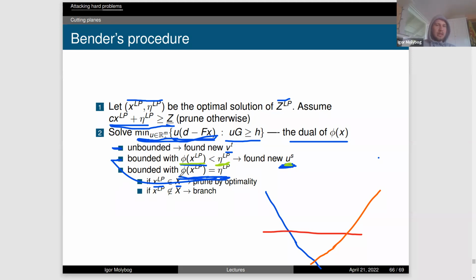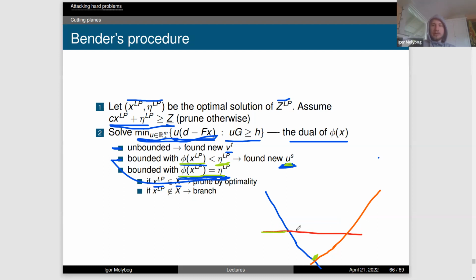There's essentially no way for us to construct new Benders cutting planes whenever we have phi of xLP being equal to eta LP. But when we have phi of xLP not being equal to eta LP, it just means that we have converged to a point over here that is being cut by some cutting plane in our problem, but this cutting plane is not something that we have considered so far.